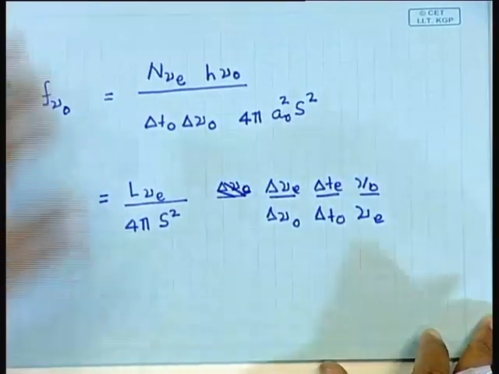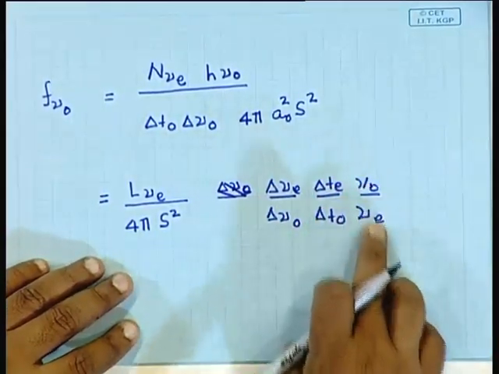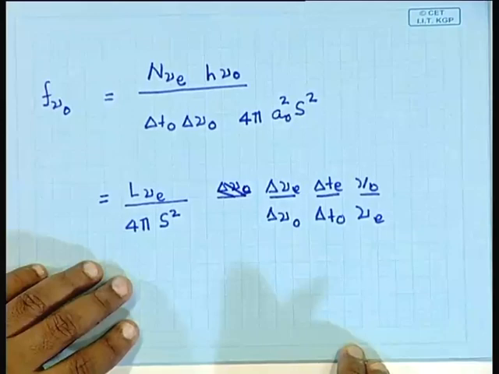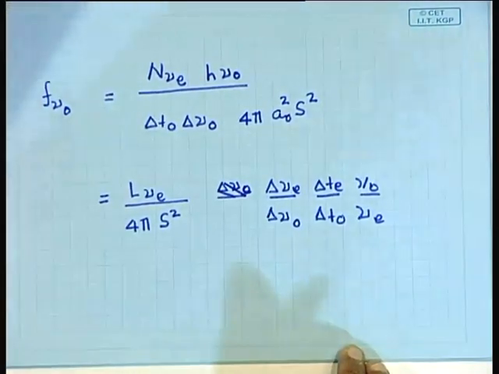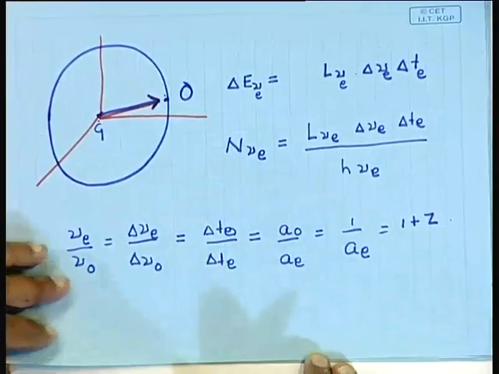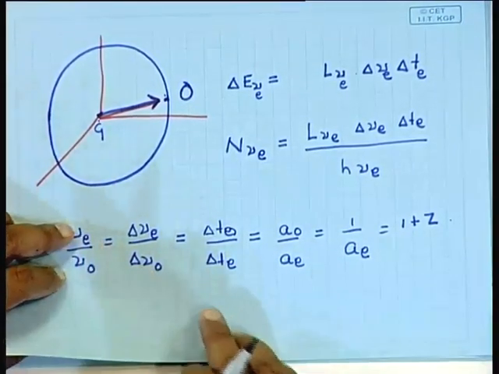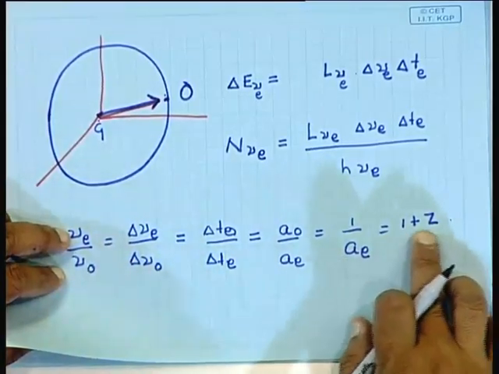Okay. Now, we have already worked out what the relation between these ratios are, and that is given over here. So, we see that they are related to the redshift in this way.